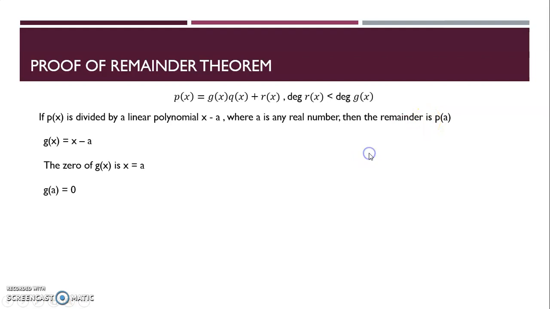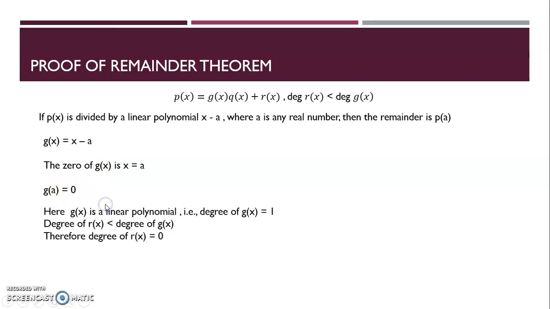Okay, so now g of x here is x minus a, the linear polynomial, and the 0 of g of x is x is equal to a. That is, when we substitute a instead of x, we get g of a is 0.